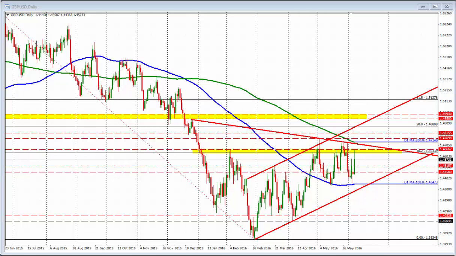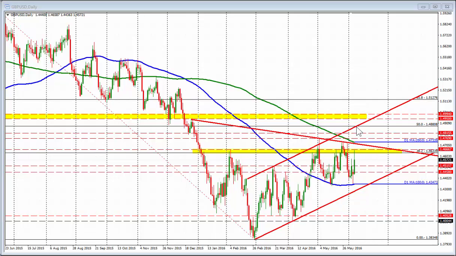I would say that those are the wide extremes at the moment: the 200-day moving average, the 100-day moving average, and this trend line as well, which is very near to the 200-day moving average. So think that the market might find resistance there, support there. If it breaks out of that range, then we should see further run to the upside.